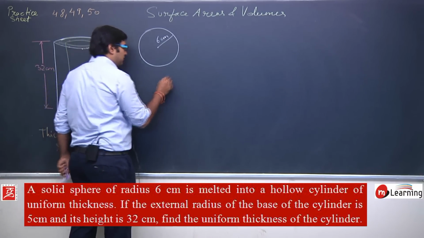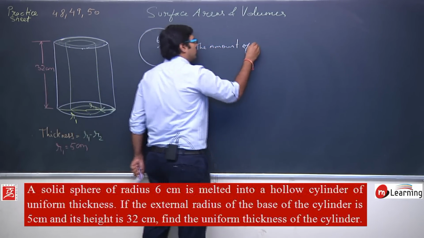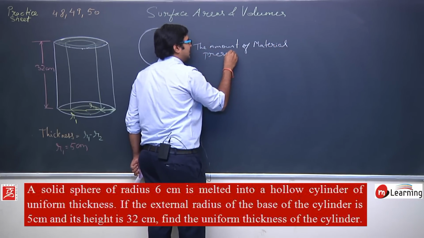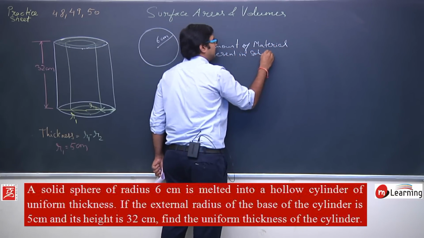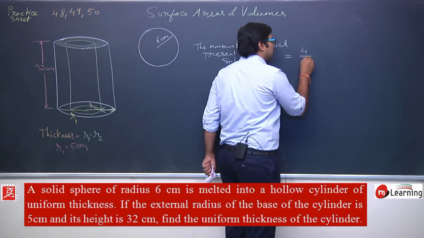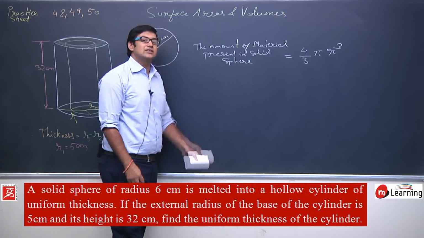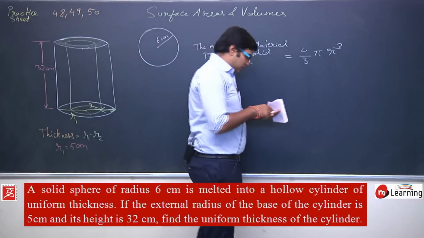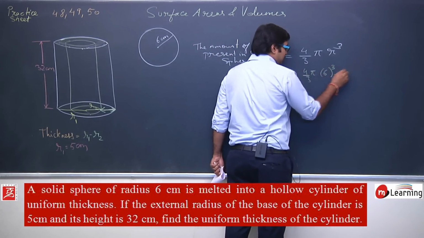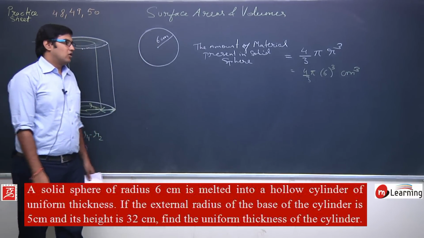The amount of material present in the solid sphere is equal to 4 upon 3 pi r cube, that is the volume of the sphere. So it will become 4 upon 3 pi into 6 to the power 3 centimeter cube. Okay, this will be the volume of material.